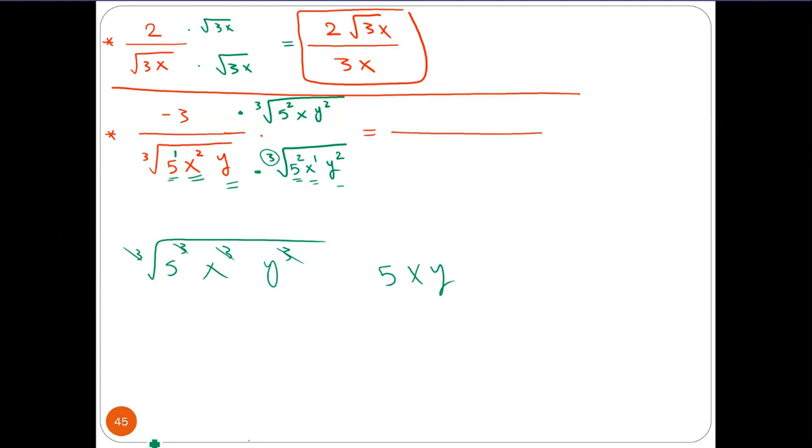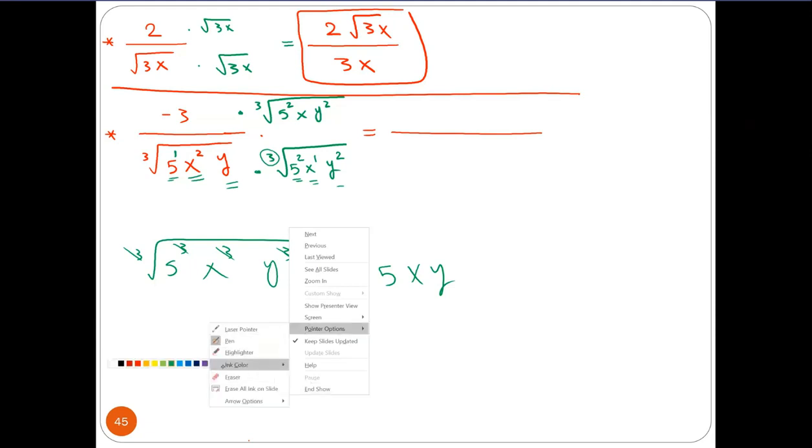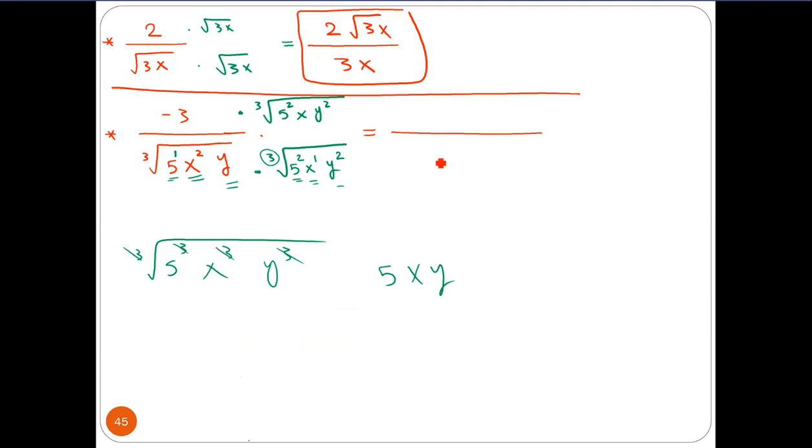Okay. Any question? So the result here 5xy in denominators minus 3 cube roots of 5 square xy square.